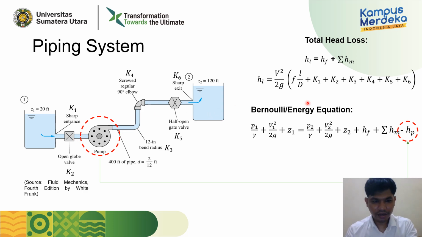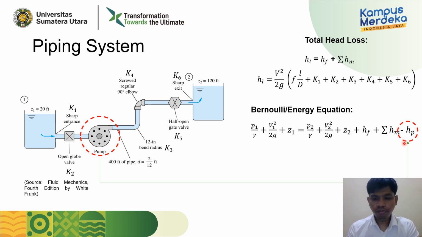Then if we put this whole thing into the equations, because we have a pump here, our equation will be like this. In the previous section, I explained that if we don't use a pump, we only have these equations until this. But since we also use a pump, we'll have HP, which is the head of the pump.